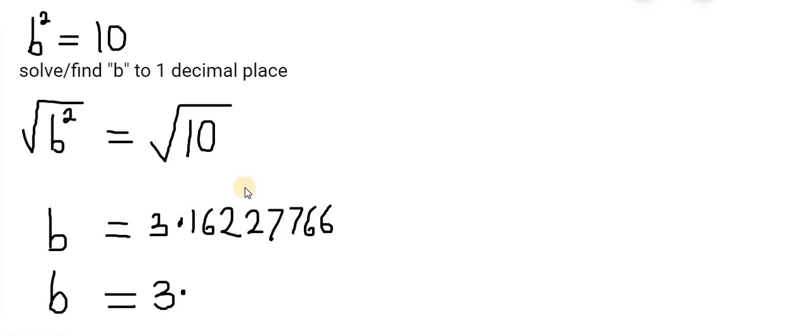If it's greater than 4, we add 1 to the previous number. If it's less than 5, we add 0. In this case, 6 is greater than 4, so we add 1 to 1, so that makes 2. So b, for our final answer to one decimal place, is 3.2.